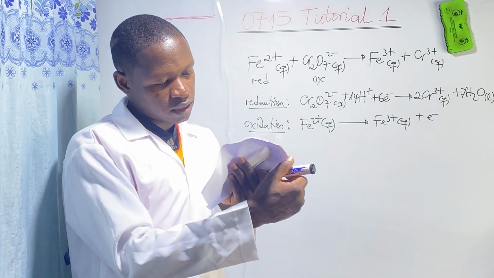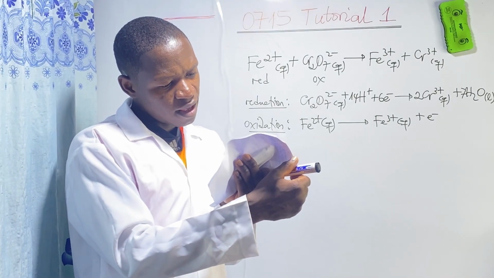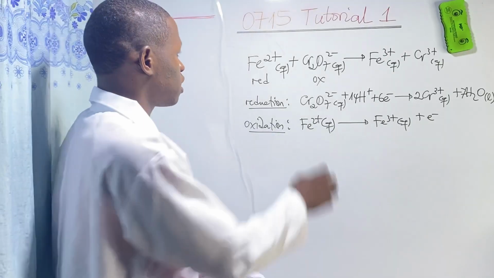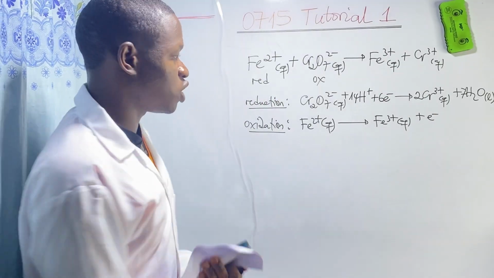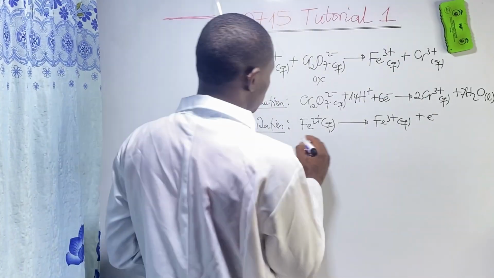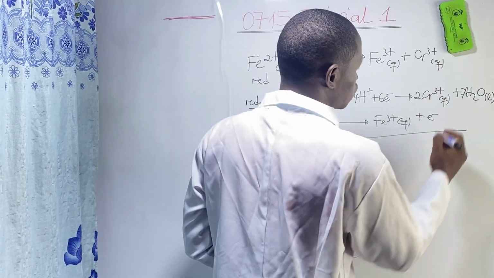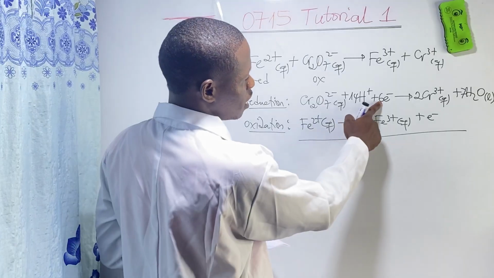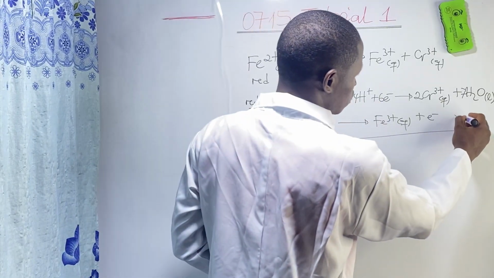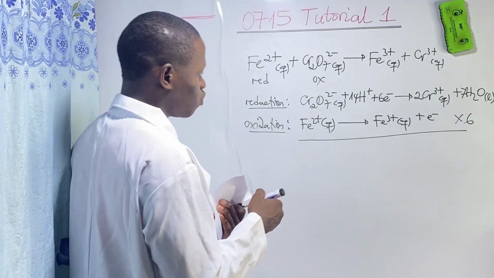Now the next question says balance the redox equation. Write the balanced redox equation. To balance it, we are just going to add these two, so as to eliminate the electrons. Here there are 6 electrons, here there is 1. So we multiply here by 6 and we add.